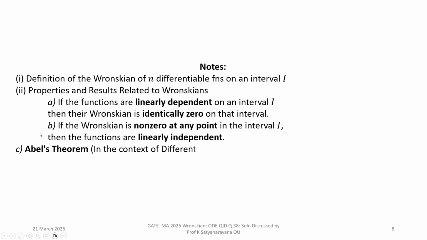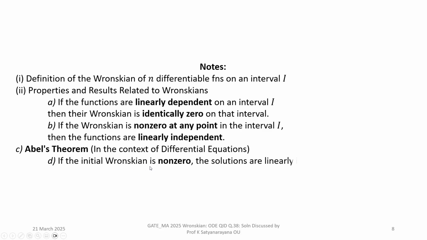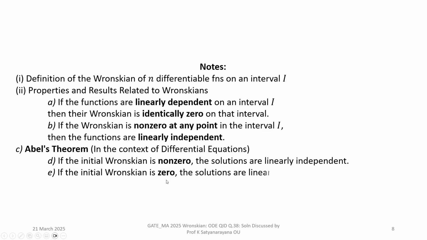And a theorem related to that is the Abel's theorem in the context of differential equations, which I have used. And here, if the initial Wronskian, that means the Wronskian evaluated at the initial point, is non-zero, then the solutions are linearly independent. This result is also there. If the initial Wronskian is 0, that means the Wronskian value at the initial point is 0, the solutions are linearly dependent.